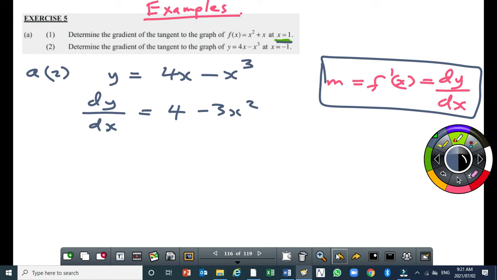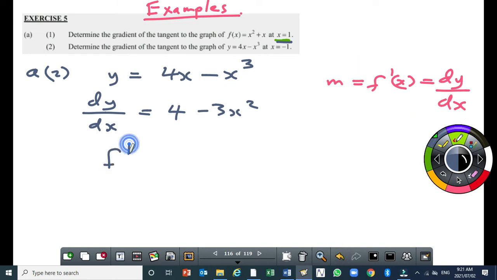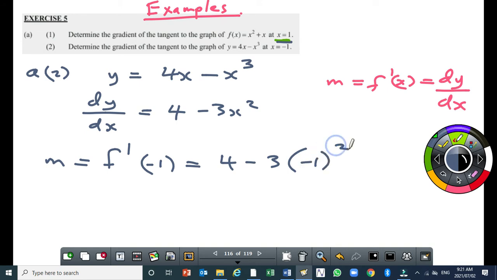So the next thing now is for me to say m. Well, I'm not going to say m. Just allow me to say f prime of minus 1. I'm using function notation because that's the most common notation. This f prime is the same as m. So m is equal to f prime of minus 1. It's equal to 4 minus 3 times minus 1 squared.